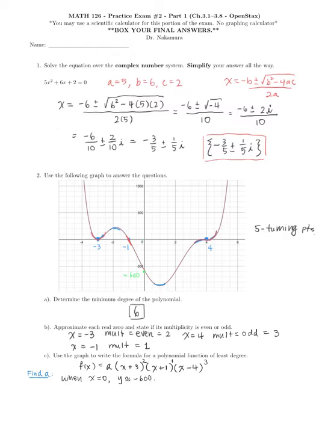So now if I put that into an equation, that means what? F evaluated at 0 is going to be approximately negative 600. So keep that in mind. And you know what? Let's compute f of 0 and then set that equal to negative 600 to solve for a. So we're going to be looking at the function over here.